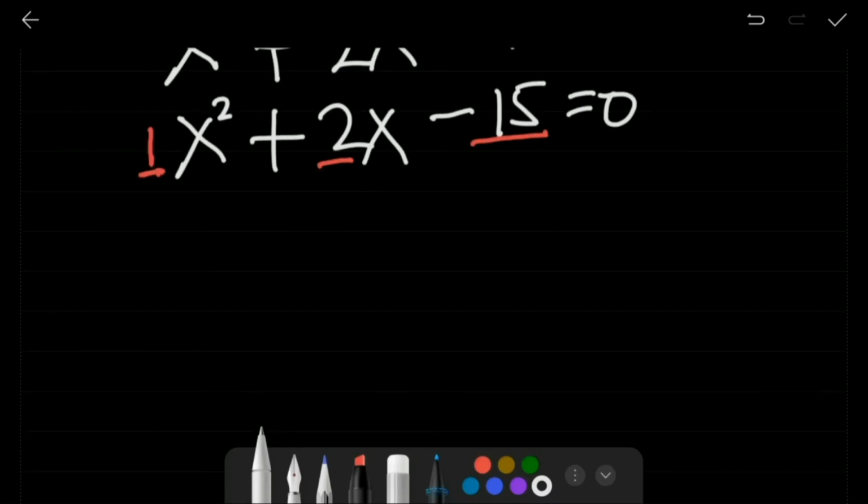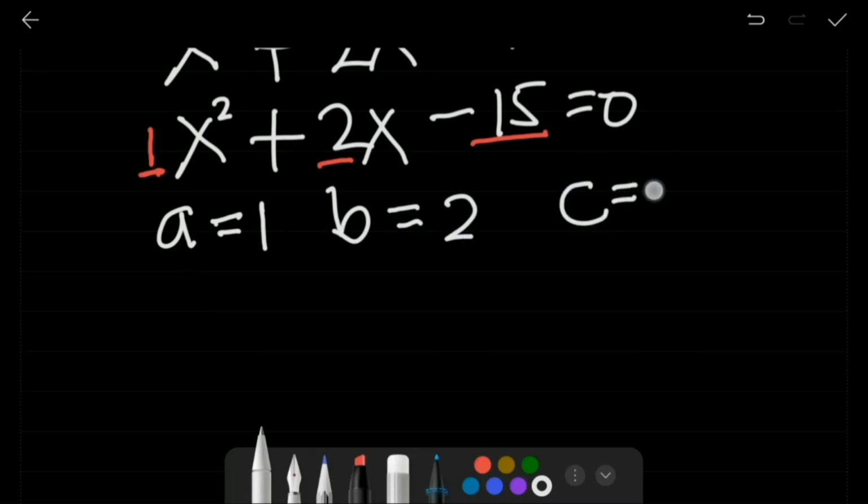And we will identify the values for a, b, and c for this quadratic equation. So a equals 1, b equals 2, and c equals negative 15.